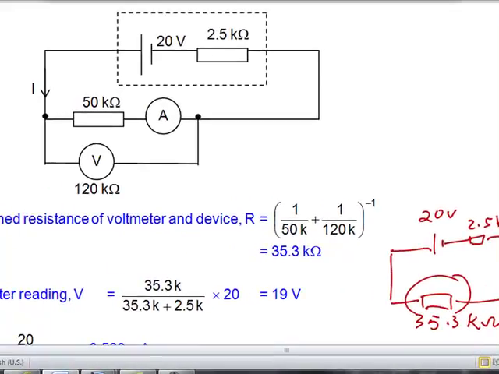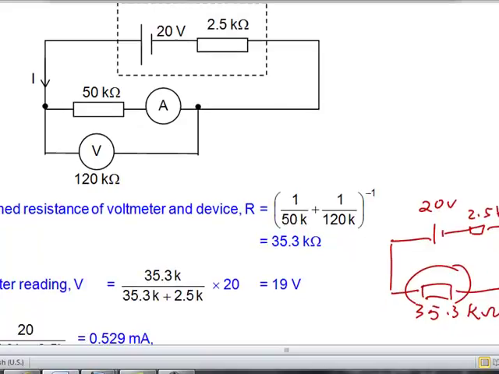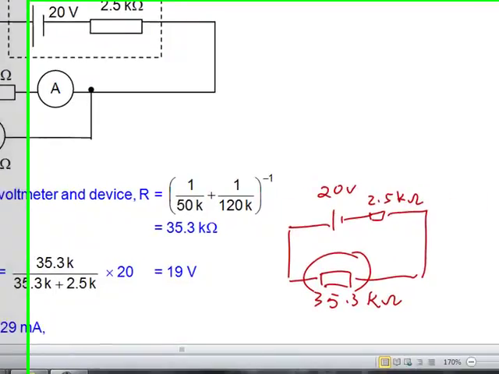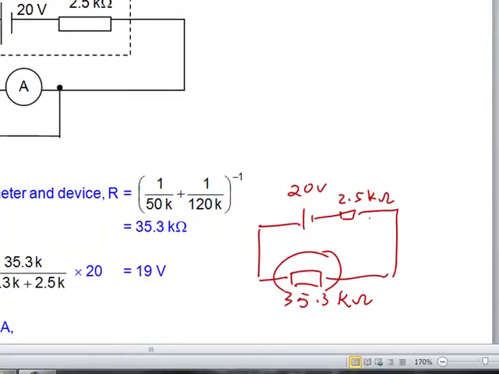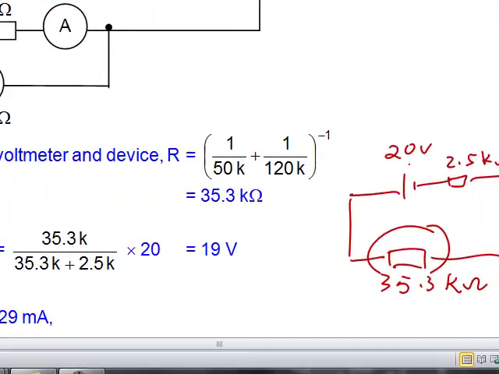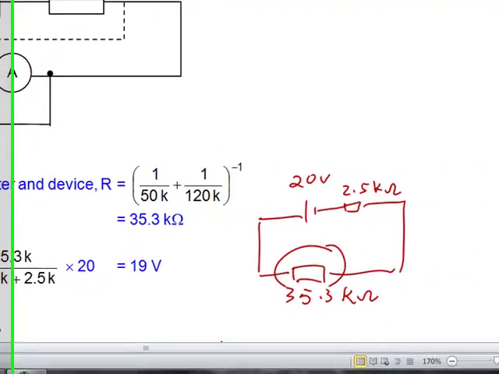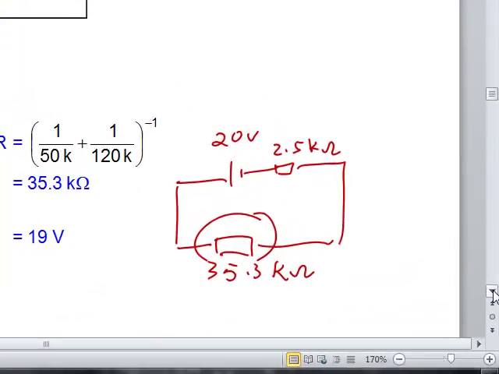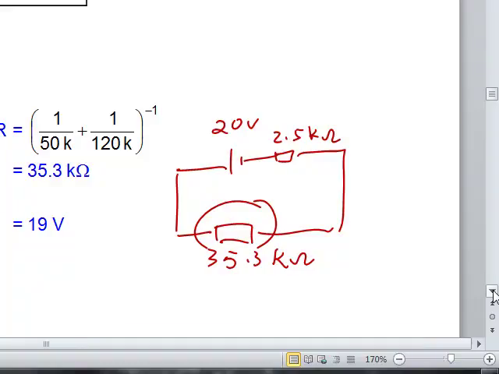So the PD across the voltmeter is now calculated from the potential divider equation. Just 35.3 divided by 35.3 plus 2.5 times 20 volt, which is the EMF of the whole circuit, and that gives you 19 volt. And the current through the voltmeter, through the ammeter or the 50 kilo ohm, can be calculated by simply taking the voltage divided by the total resistance.